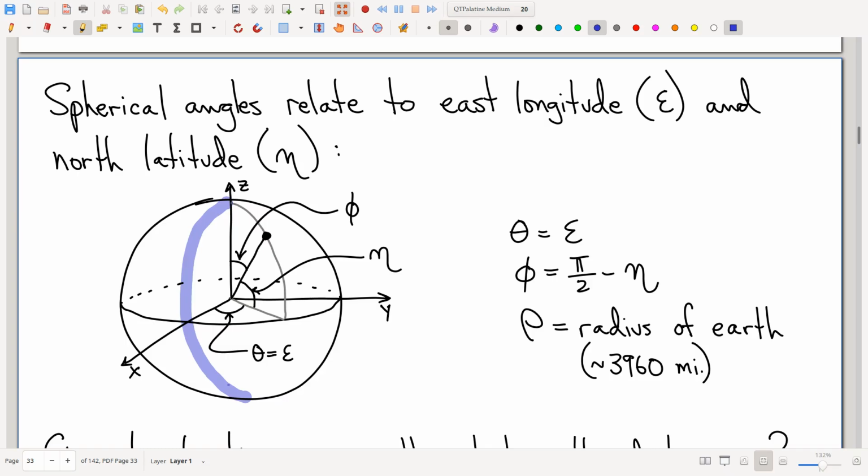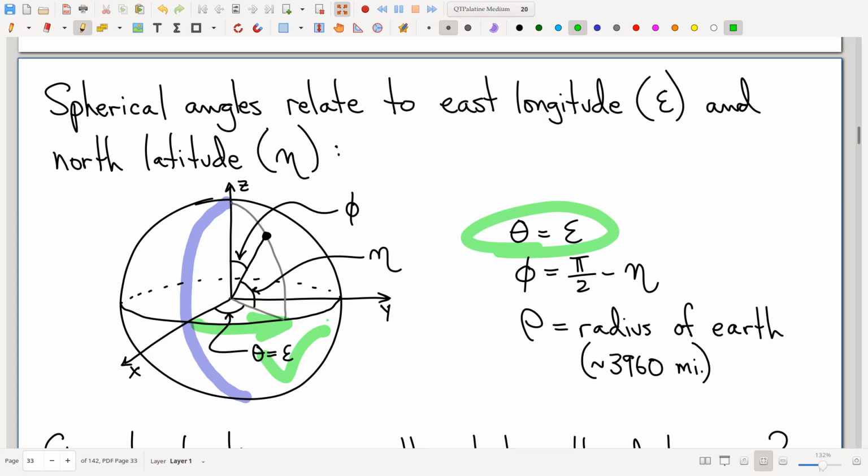North pole at the positive z-axis, south pole on the negative z-axis, center at the origin. What you might expect. And with that settled, notice east longitude is exactly theta. Geometrically it's the same thing. So how convenient is that?